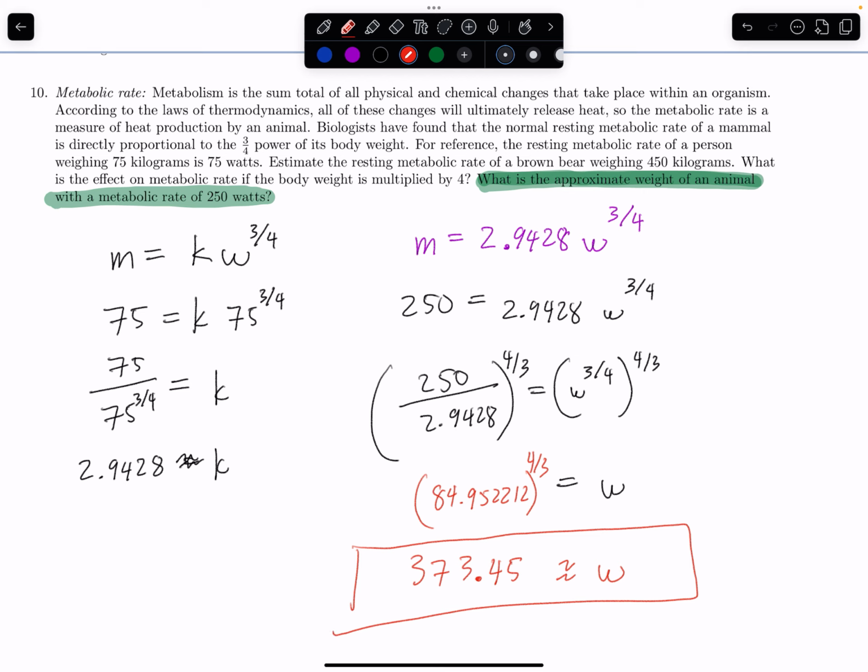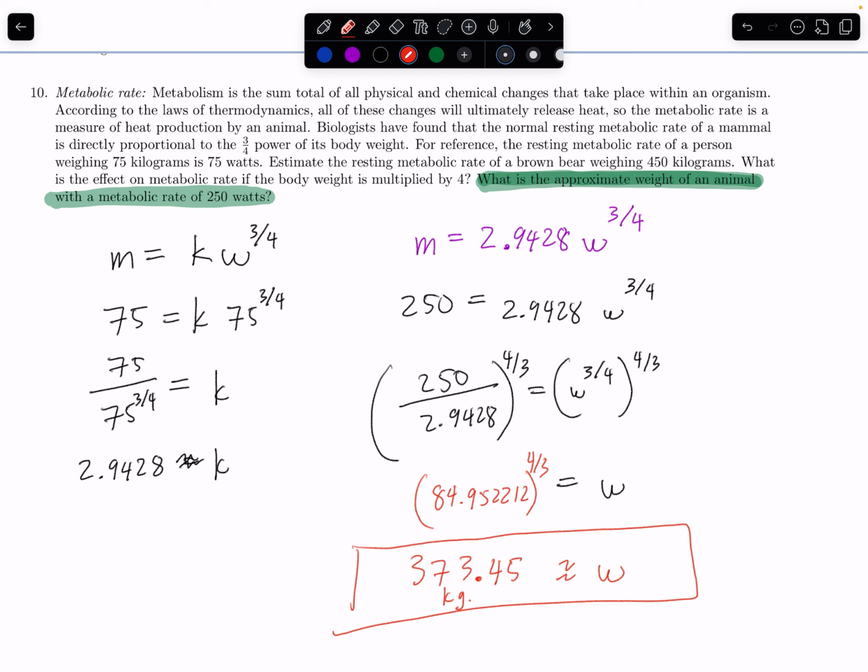And what is the unit of measurement here? That's weight. This is in kilograms. Let's just think about if this makes sense here for a second. A 75 kilogram person makes 75 watts. A larger animal should make more. In this case, we're looking at a 250 watt animal, and indeed it weighs more, at 373 kilograms, not pounds.